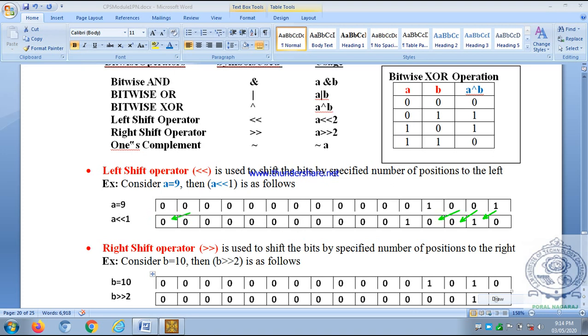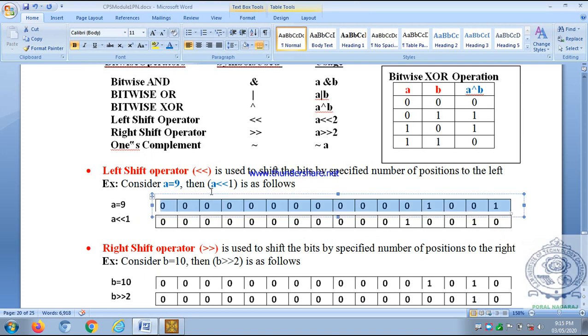The leftmost 0 goes outside. When this 1 comes here, we are left with a blank at the end, so the blank space is filled up with 0. So this is called left shift.